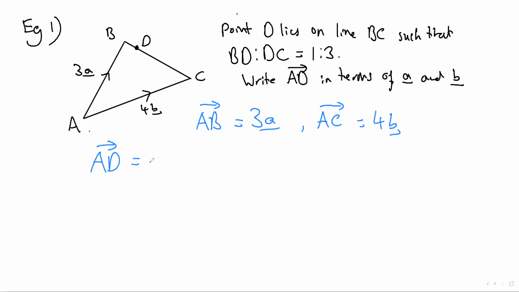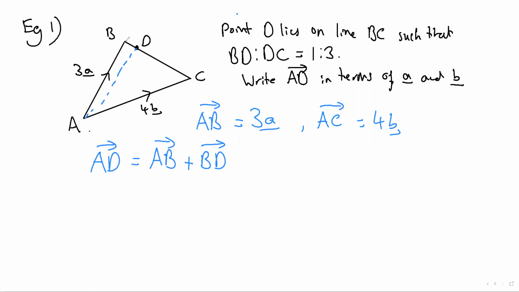First you go up from A to B, and then when you get to B, you go to D. So it'll be plus B to D. And now we've converted this unknown vector into two vectors we can figure out. So AB is something we already know. We know it's 3A. But BD is a bit more complicated.